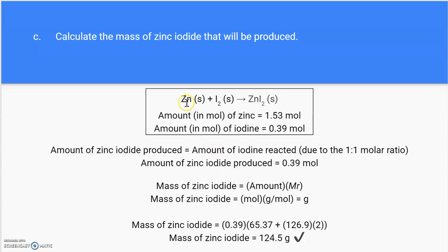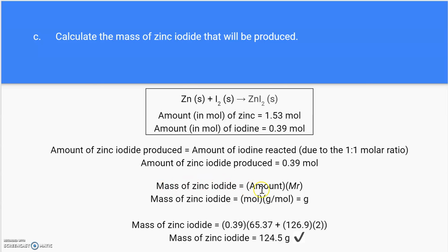So since there's a 1-to-1 molar ratio, the amount of zinc iodide produced is equal to the amount of iodine reacted. So we'll just take that 0.39 moles of iodine and get that the amount of zinc iodide produced is 0.39 moles.